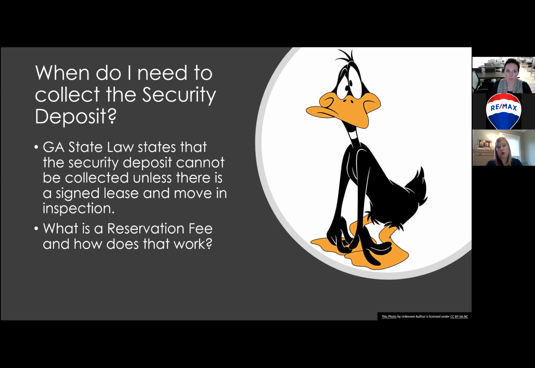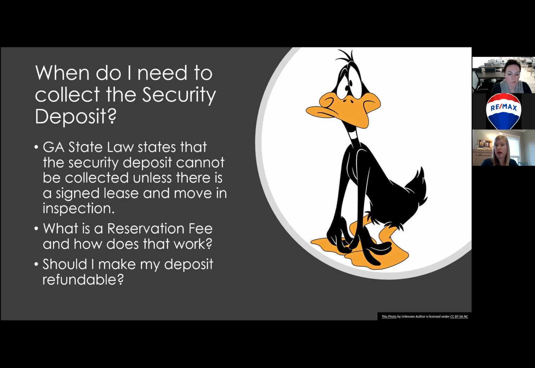Once the lease is signed and the security deposit is collected, we apply that reservation fee to the first month's rent, so they're not paying rent for the first month. Well, they've already paid it. But we do take a reservation fee and we make it non-refundable, so that if they happen to back out, we and the owner are not impacted by the fact that it was taken off the market for however long it was.